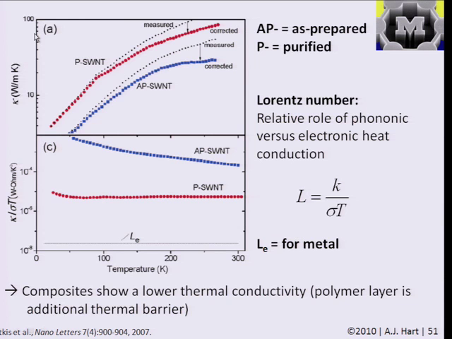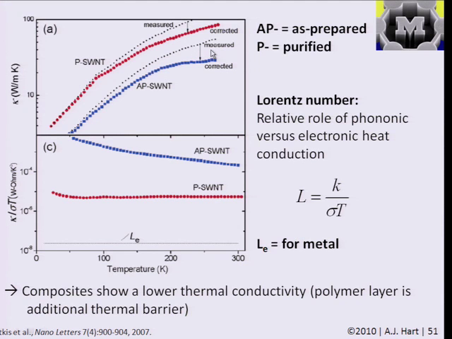And they, in fact, compare the conductivity of nanotubes that are AP, or as prepared, and nanotubes that are purified. So in the case where they've purified the nanotubes to, for example, remove residual catalyst and amorphous carbon, the thermal conductivity of this film is quite higher.